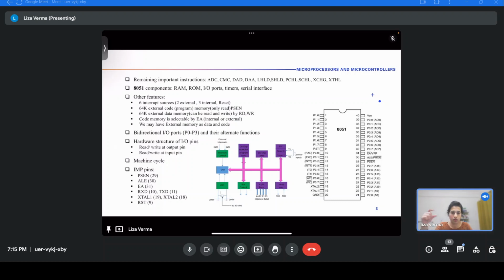A crystal is connected here, right? 12 megahertz. So the clock frequency is 12 megahertz, and it comes from a crystal oscillator which is connected to XTAL1 and XTAL2.